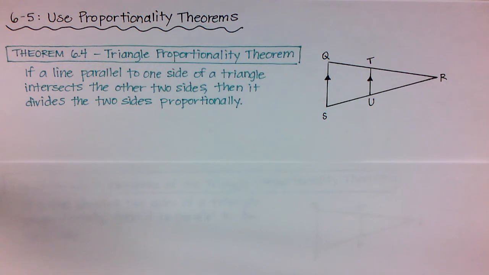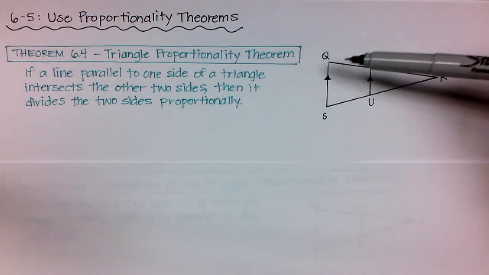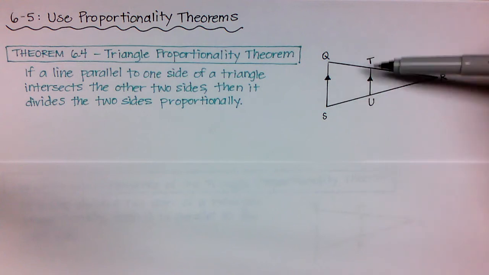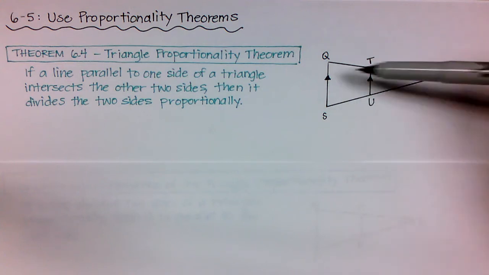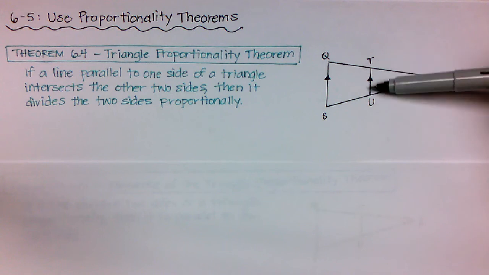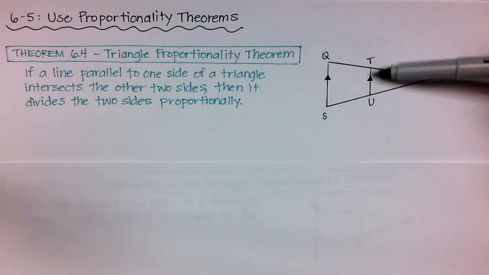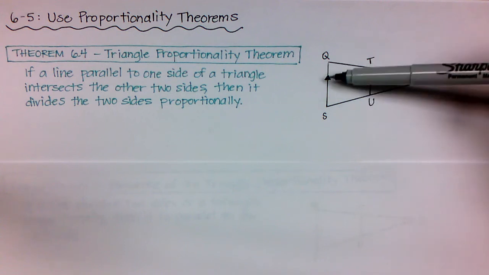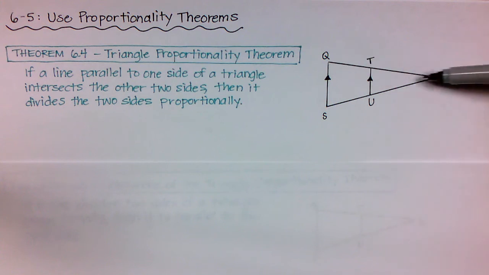And what it says is that if a line parallel to one side of a triangle intersects the other two sides, then it's going to divide the two sides proportionally. Okay, so this line TU, because it's parallel with one of the sides, it is dividing this side proportionally to this side.